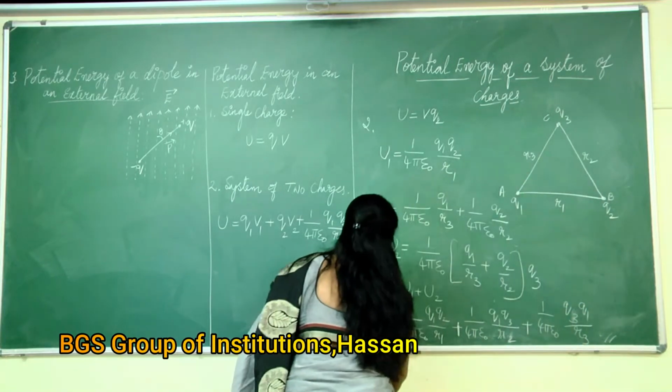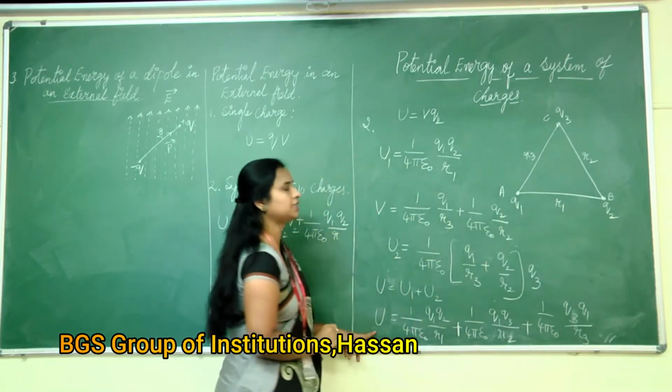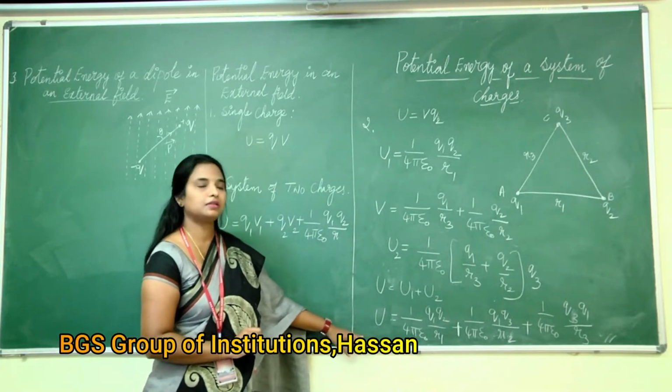So this is the expression for potential energy of a system of 3 charges.